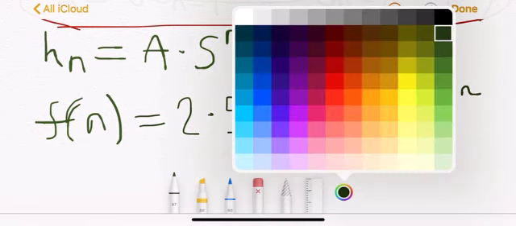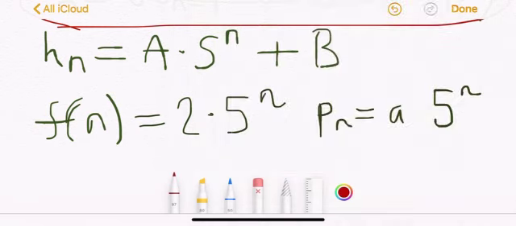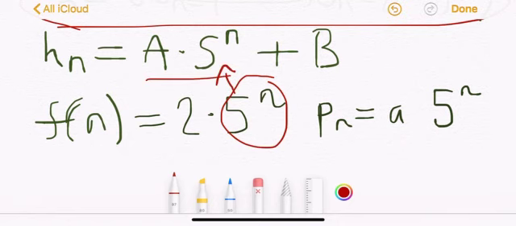But the problem here is that we notice that the form of f of n, 5 to the n, is also included as one of the two parts of the solution to our homogeneous recurrence relation. So this isn't going to add anything else to our solution because it's already in the h of n part.